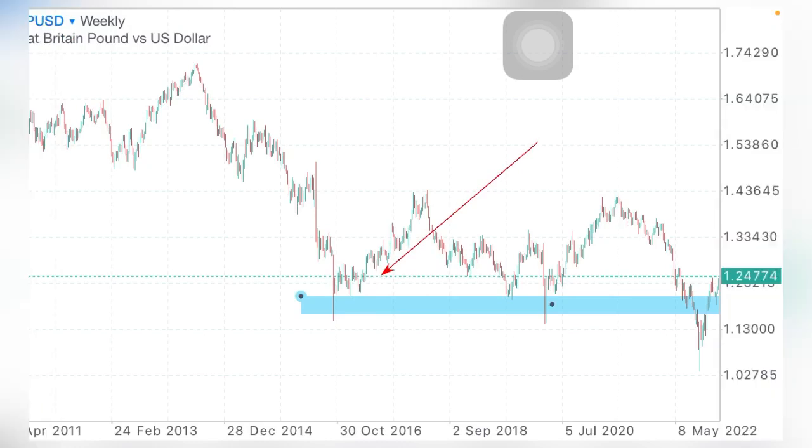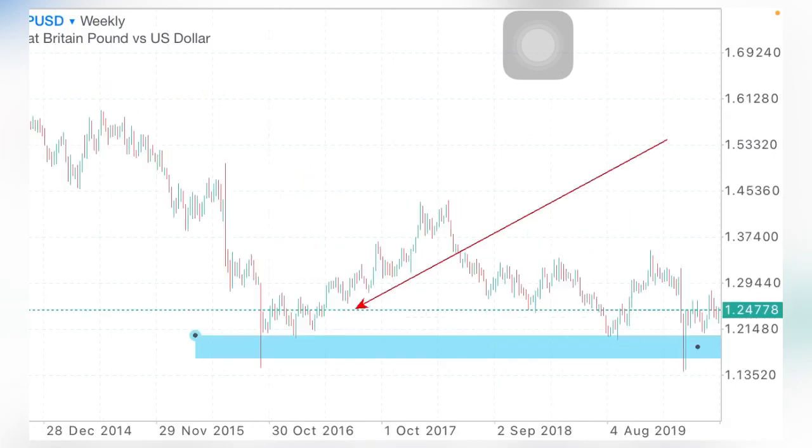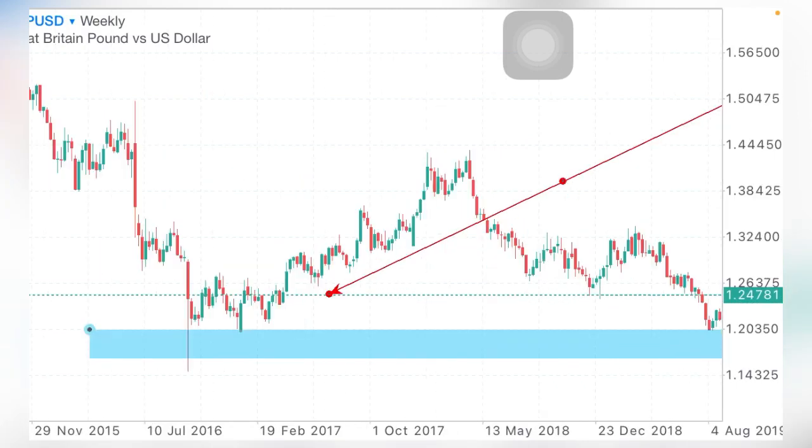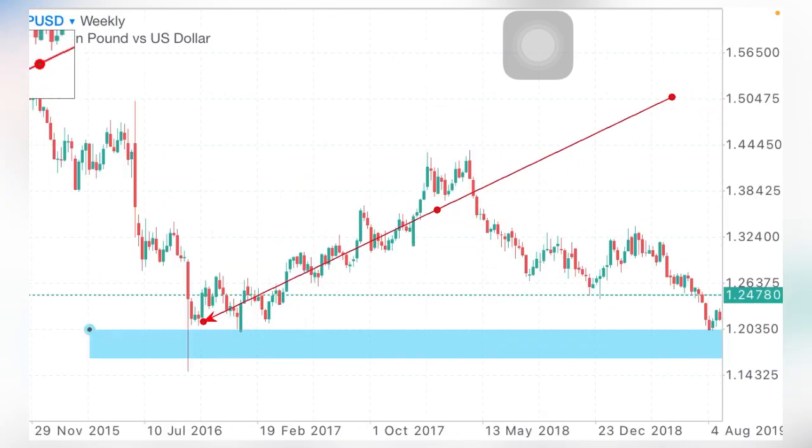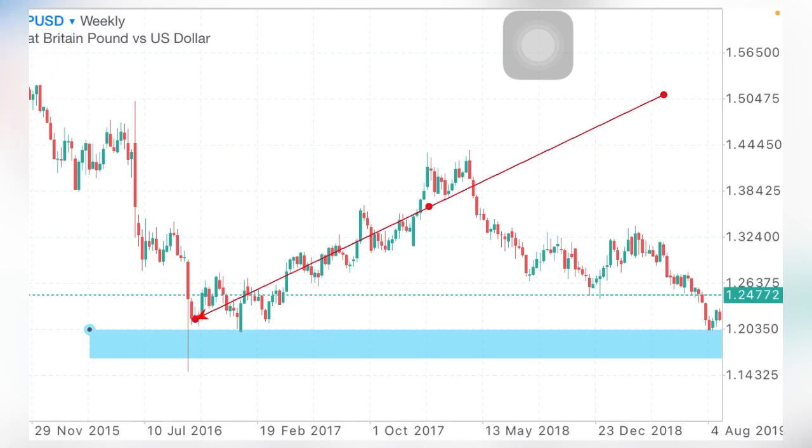Where this red arrow is pointed to, you can see a rejection. So just follow this video.